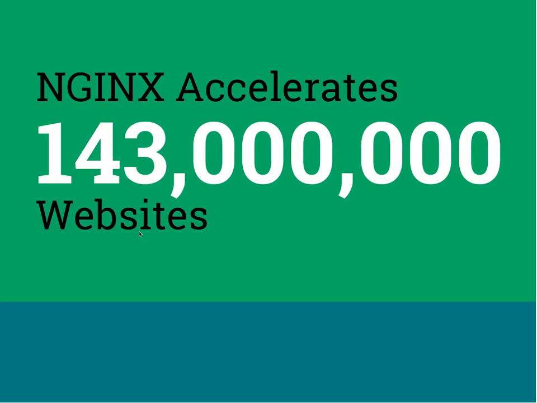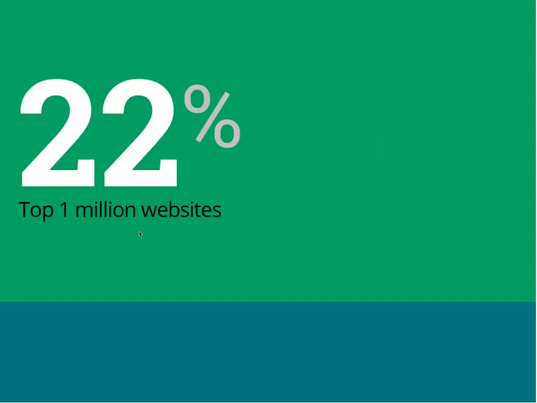NGINX powers about 140 million websites worldwide, based on March's Netcraft figures. And if you look at the busiest websites in the world, taking the top million from the Alexa traffic rank statistics, 22% of those websites run on NGINX.